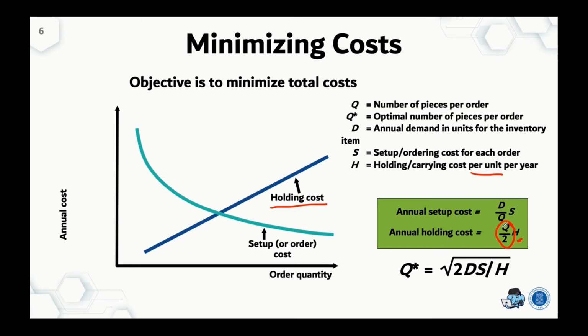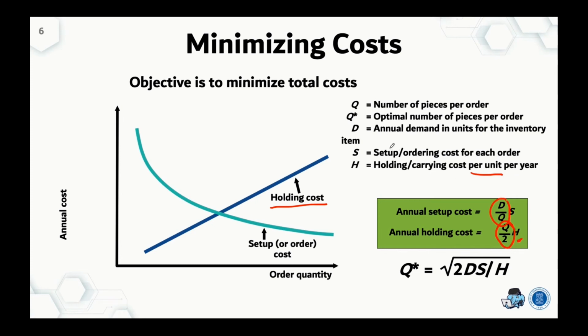So the setup cost calculation is D, in this case demand, divided by Q, multiplied by S, the setup or ordering cost per year.